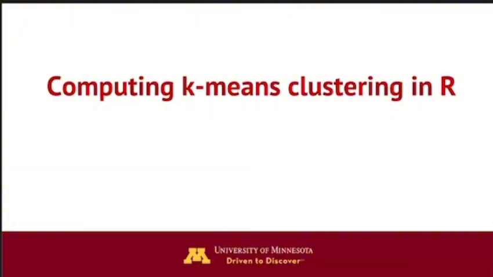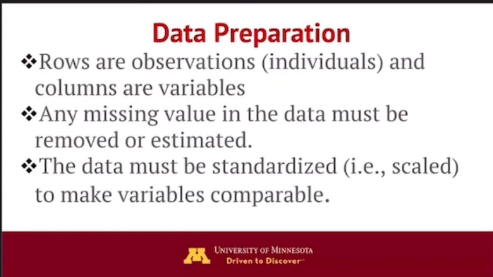How do we compute the K-means algorithm in R? In the data preparation, whatever data you're going to use, the data structure is going to be arranged in rows and columns, and make sure there are no missing observations.